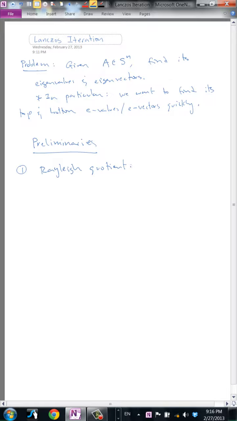This is essentially the notion of the approximate eigenvalue of a vector x, where x is not an eigenvector, and it's defined as R of x is equal to x transpose Ax divided by x transpose x. And as we discussed last time, there's an optimization-based explanation for where that comes from.